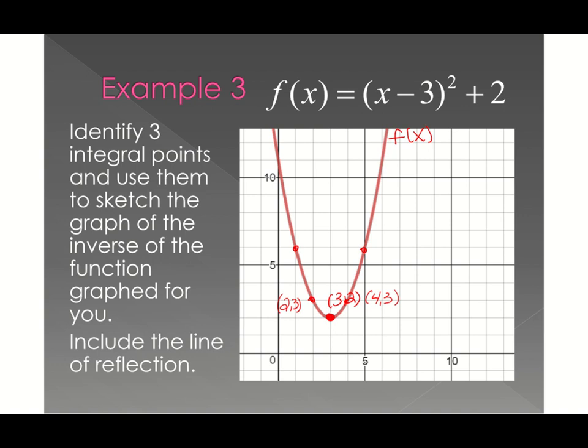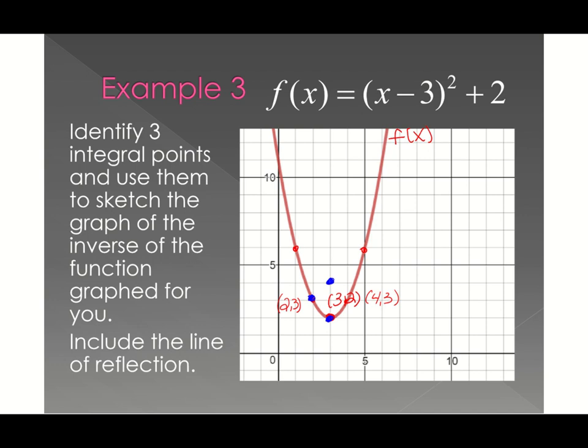So if I start with 2, 3, if I switch that, I would need to graph the point 3, 2. If I had 3, 2, I would need to graph 2, 3. And if I had the point 4, 3, I would need to switch them and graph point 3, 4.